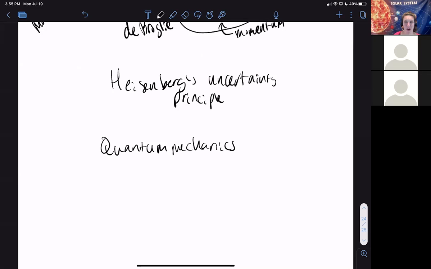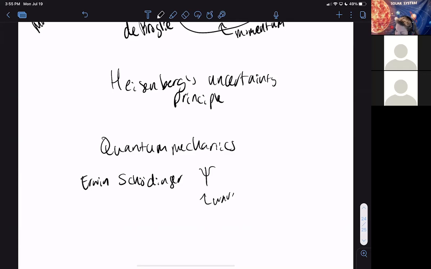So there are all these equations, well, there's Schrodinger's equations. Schrodinger is the guy who is responsible for quantum mechanics. Well, one of the guys. But Erwin Schrodinger is responsible for this, and he brought in the idea, his Schrodinger's equations, we call them wave functions.